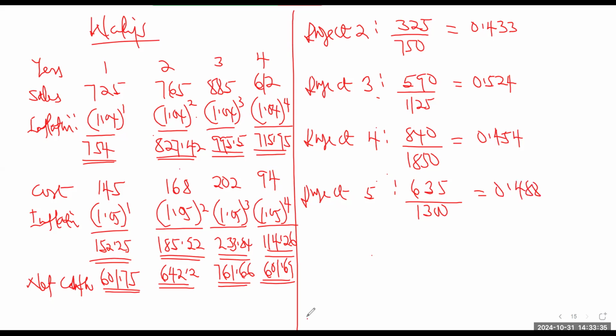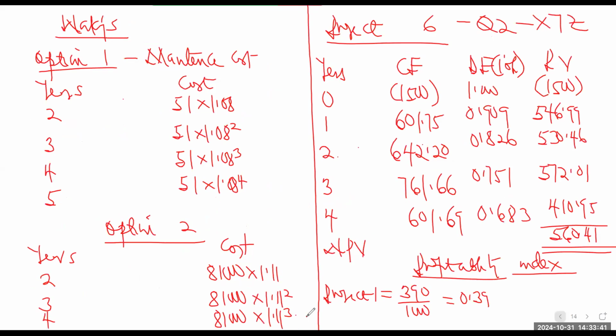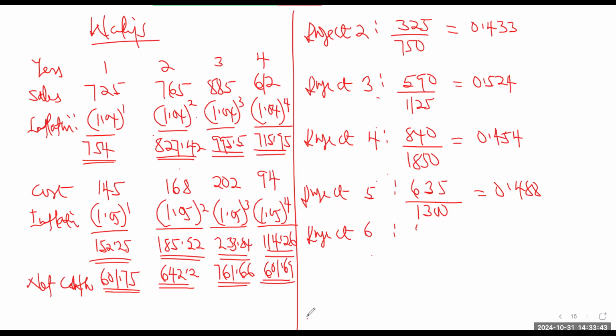And project 6 now is giving us 560 divided by 1,500. What are we getting? 0.373.